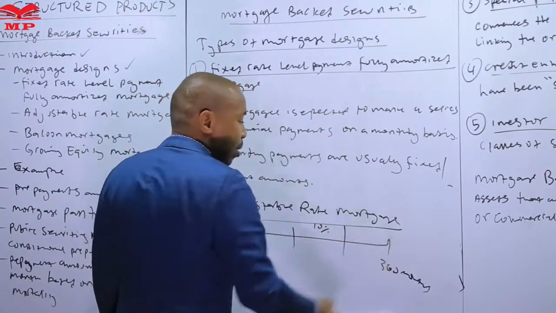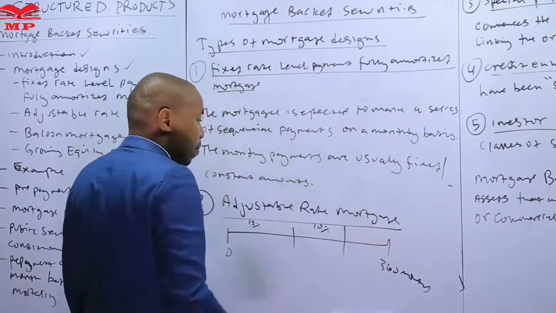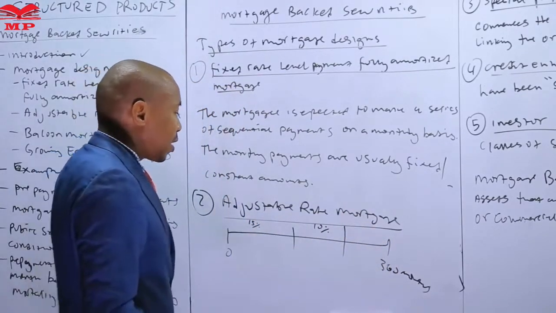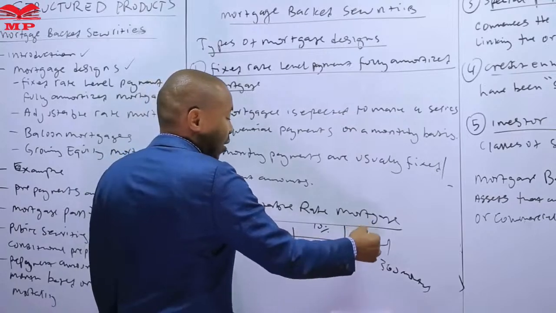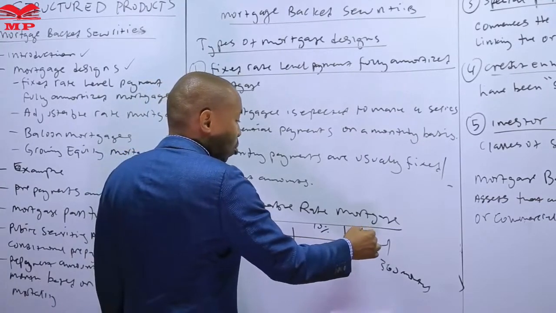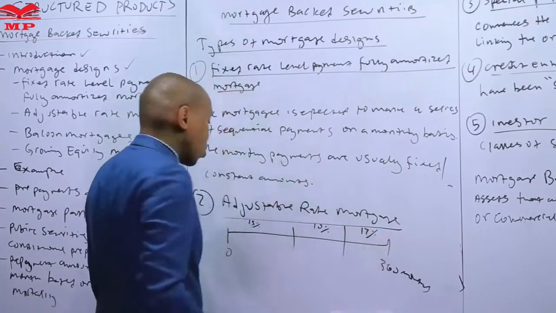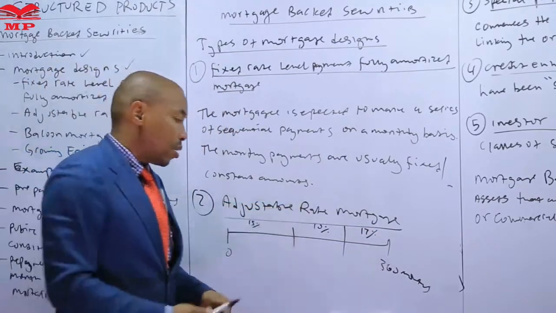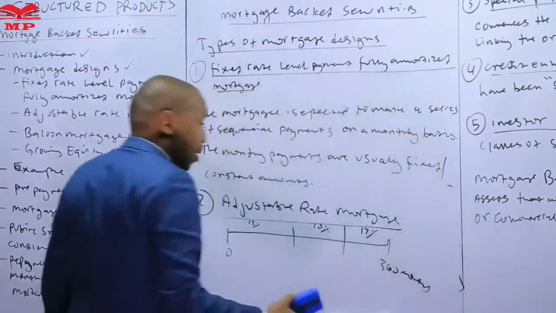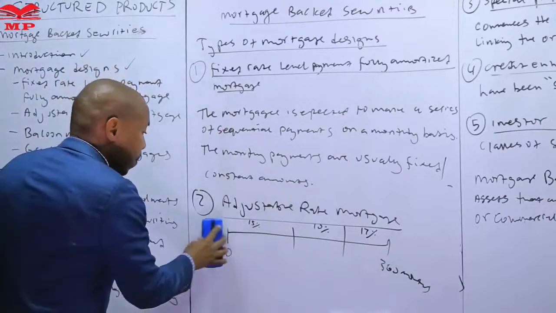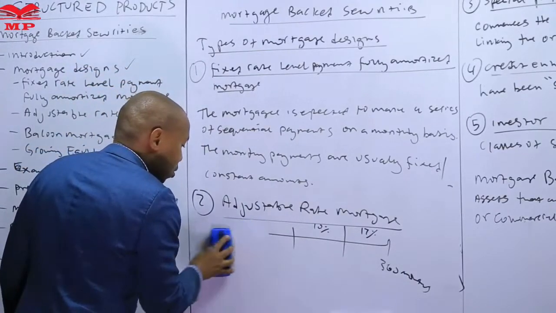Then for the remainder of the period, the economy might be sluggish a bit, so the mortgage rates will increase back to around 17%. So it is an adjustable rate mortgage: it adjusts based on the performance of the economy or economic conditions.